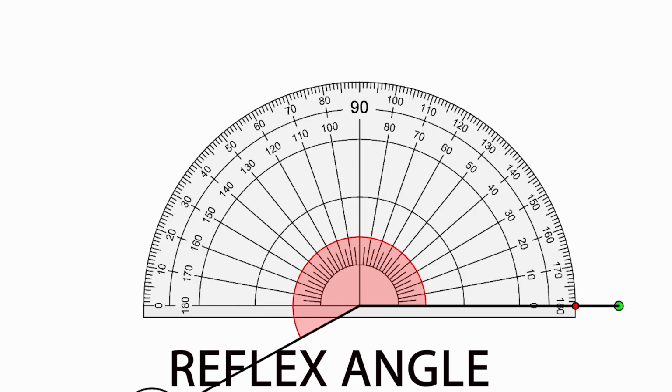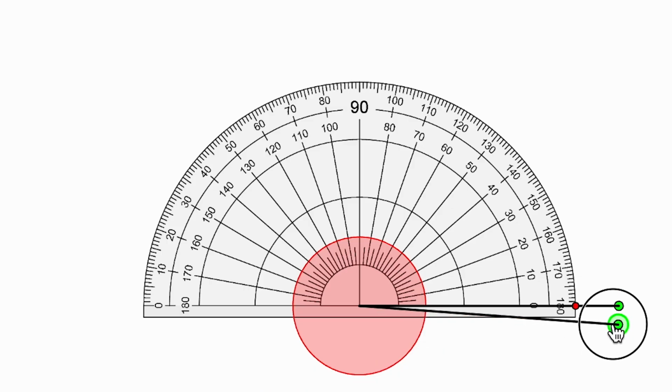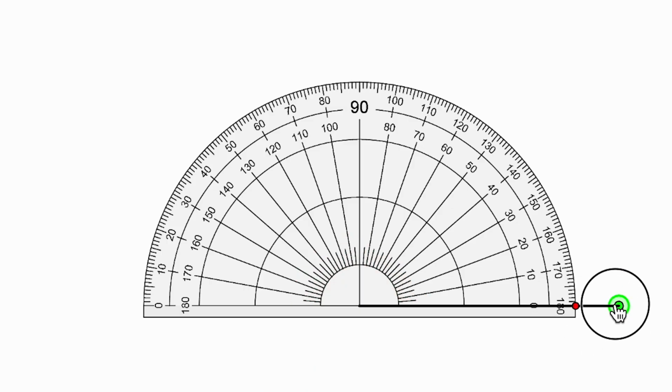An angle over 180 degrees is called a reflex angle. And now, a complete turn, like a circle, is 360 degrees.